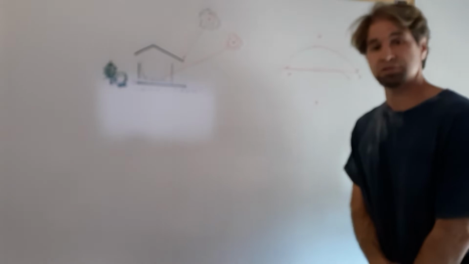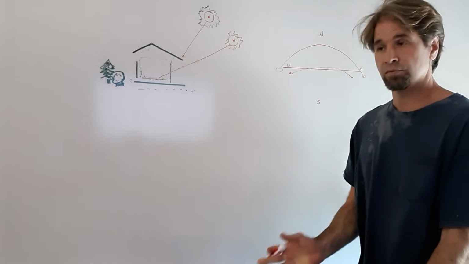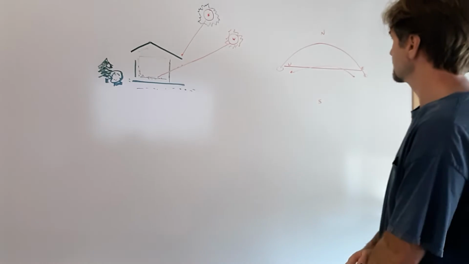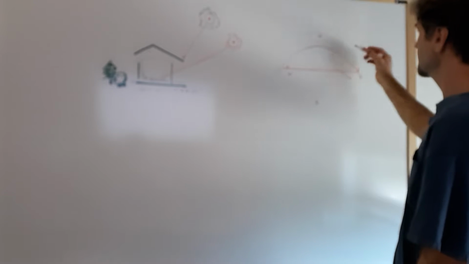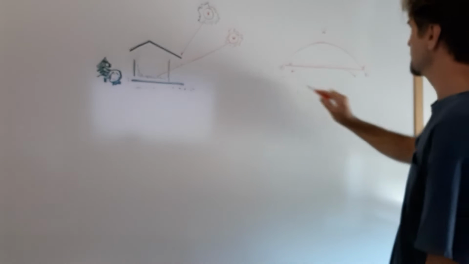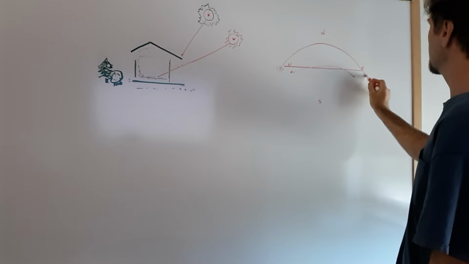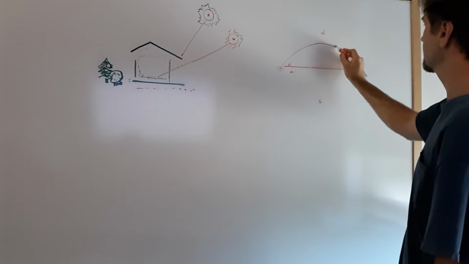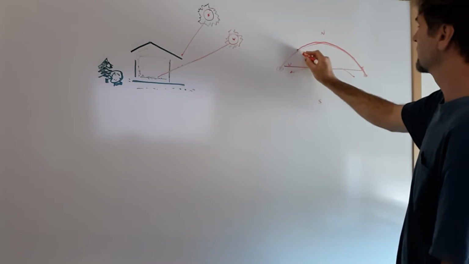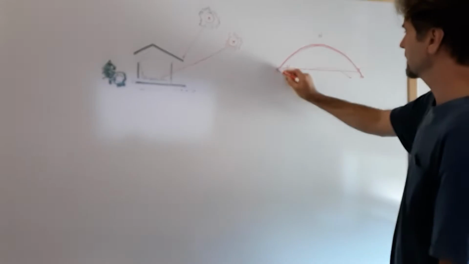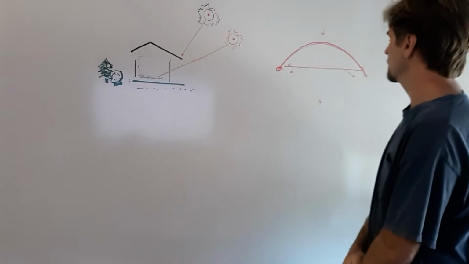So as many of you know, the angles of the sun drastically change through the seasons from winter to summer. So here we've got the summer sun starting in the east and going at a much higher angle and dropping down to the west there.